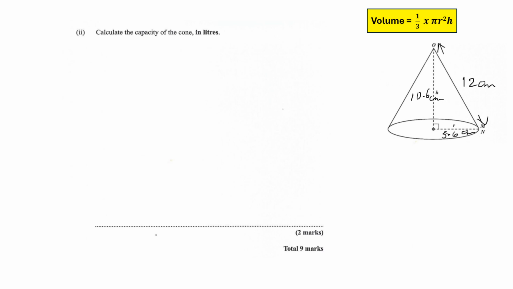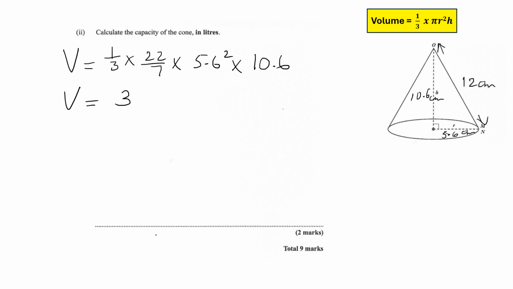So the volume is equal to a third times 22 over 7 times 5.6 squared times 10.6. I put it in my calculator and it is 348.2 centimeters cubed.